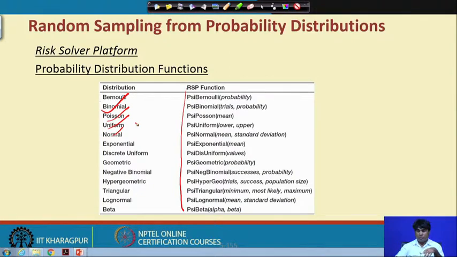So, technically, if you have no actual data, but you know that a particular problem is connected to a particular distribution, then with the help of some structure or feedback you specify the parameters, and then we can generate a sampling, and finally with the help of these samples you can analyze this particular engineering problem.